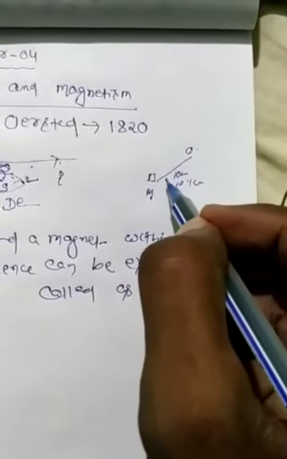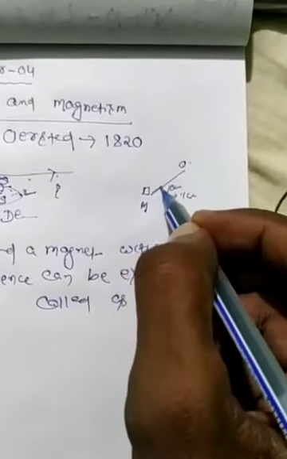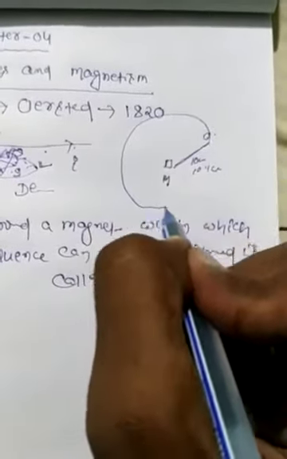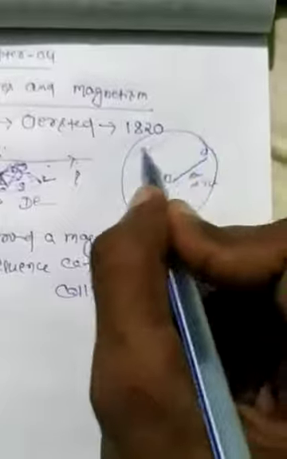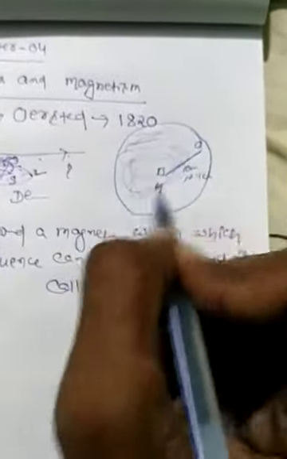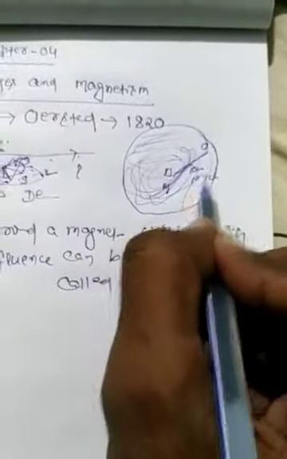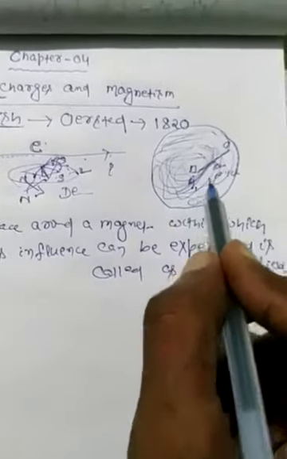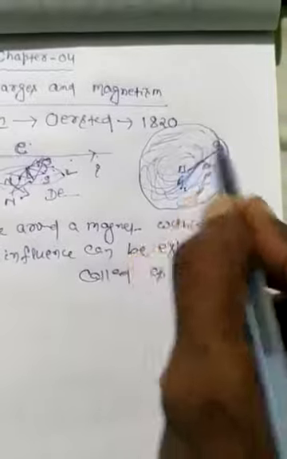So, by taking radius 10 centimeter, if we draw a circle, the entire field around the magnet is known as magnetic field. So what is the definition? The space around a magnet.